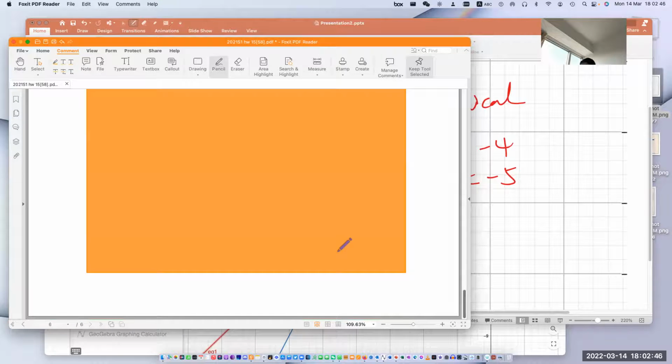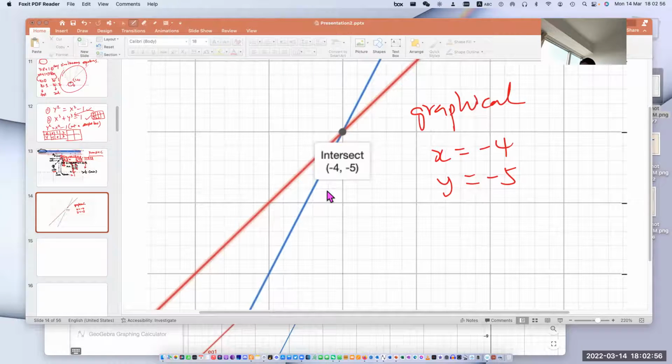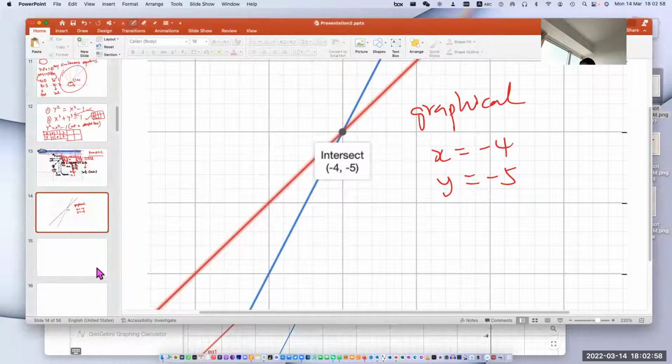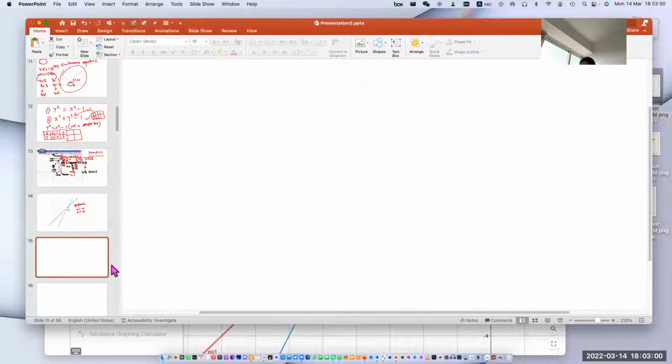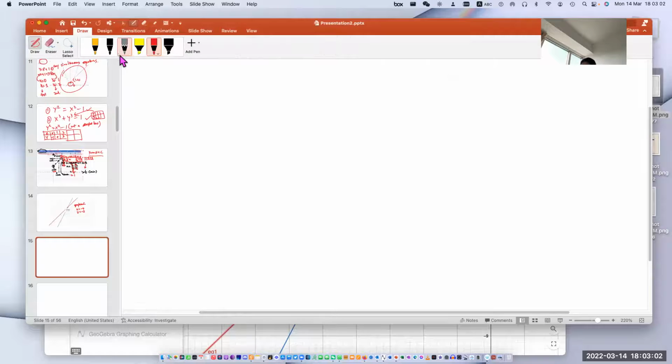All right. We still have some time, and today I'm going to talk about more in depth into the gradient and the intercept. How? Because we have been talking about what? We have been talking about this y equals to mx plus c. Okay. We know that this is the gradient m.